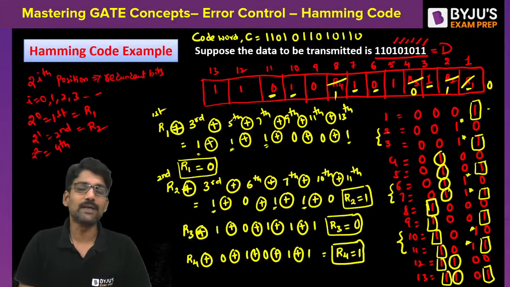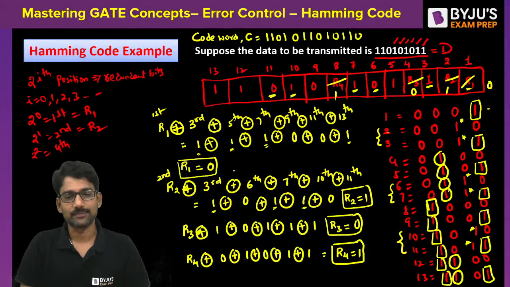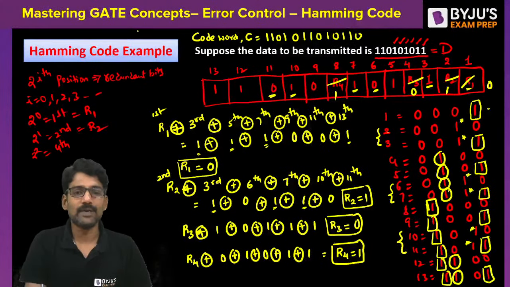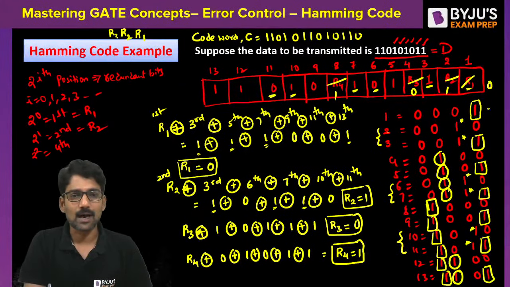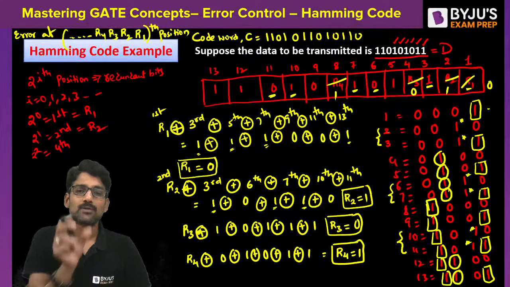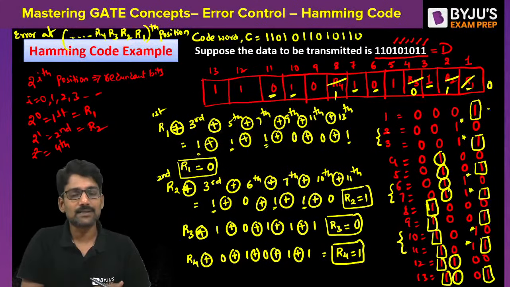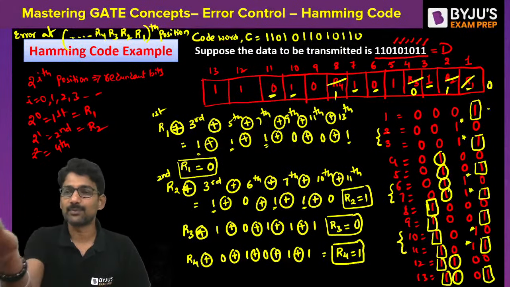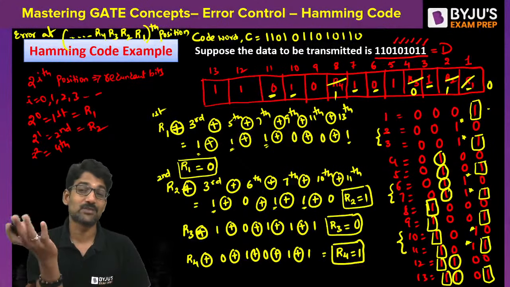If he doesn't get redundant bits as zeros, then what is the case? The error is said to be at the position given by R1, R2, R3, R4 for the receiver. So if all redundant bits are zeros, it says error at 0th position. However, there is no 0th position. That's why we are starting from 1.